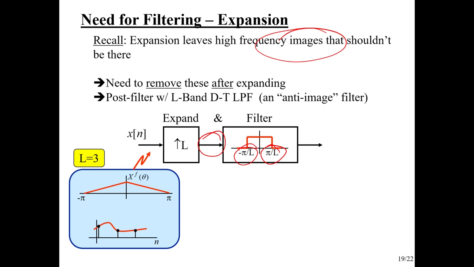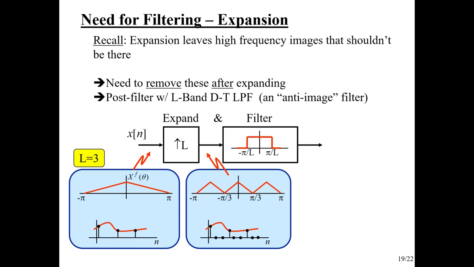I'm only showing minus pi to pi, and here is in the time domain the samples of that. And then I upsample, or I expand, and I've stuffed in this case, L equal to 3, 2 zeros after each of my original samples. And what does that do in the frequency domain? The whole point of doing that analysis was to say, this thing ends up here in the right place, but we get the two image spectra that we need to get rid of.